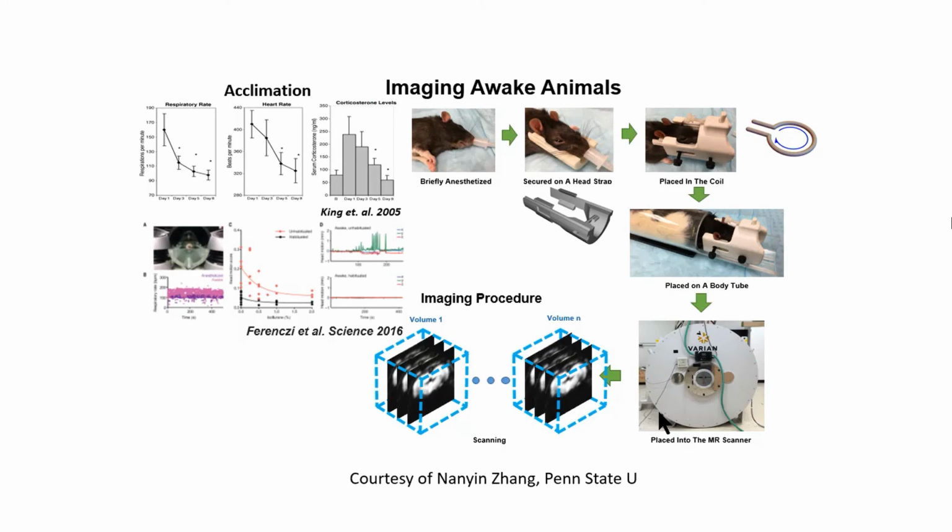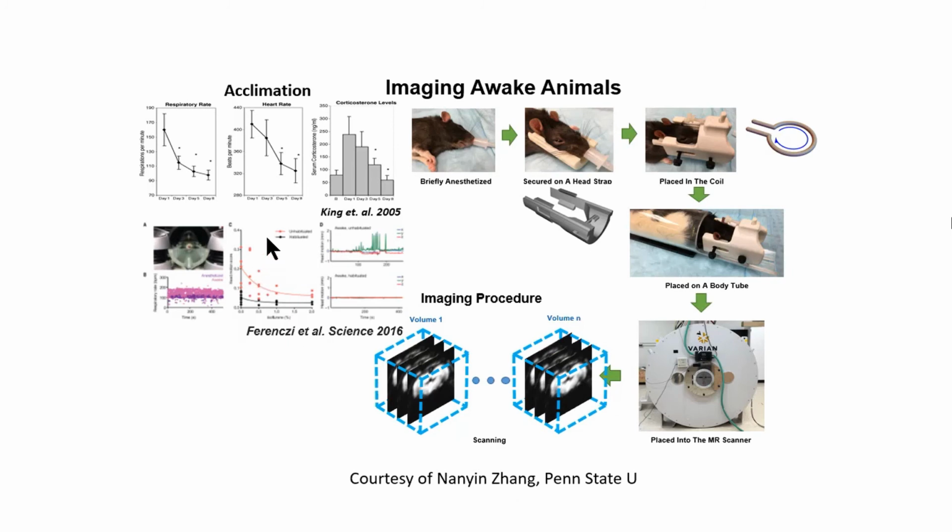There's a major difference between looking at the brain in animals versus humans. In animals, fMRI is usually done under anesthesia, but more and more groups are doing this on awake animals. This is the work from Nanyin Zhang at Penn State.